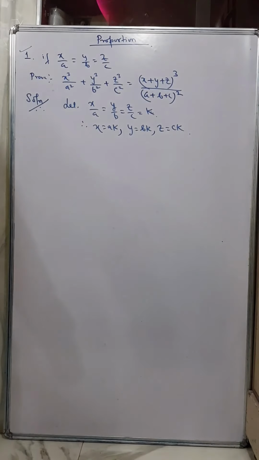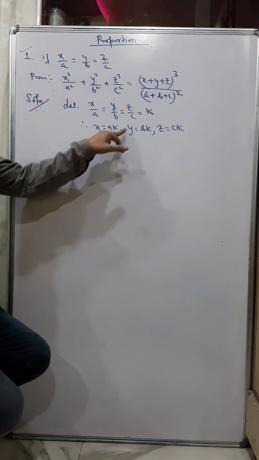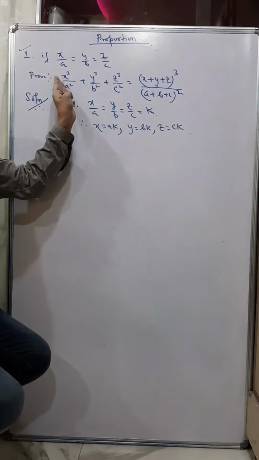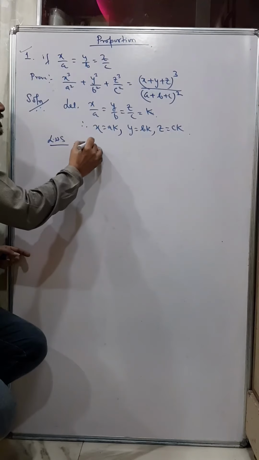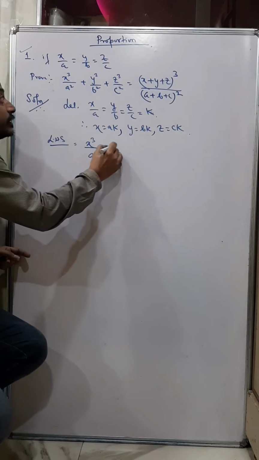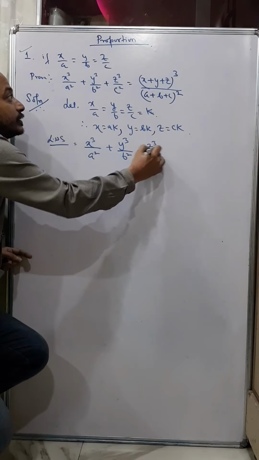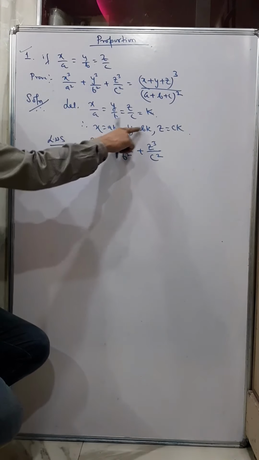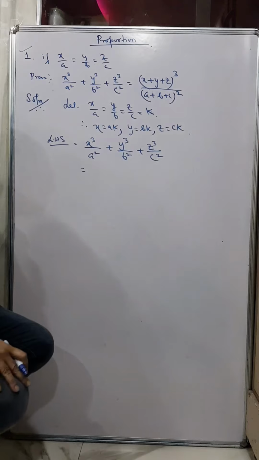Okay, now what we have to do is put these values in place of x. I'll put ak, in place of y I'll put bk, and in place of z we'll put ck, in the left hand side and right hand side, and we'll solve them separately. Say LHS: in place of x I'll put this, y I'll put this, and z I'll put ck, and then simplify this, the normal method.